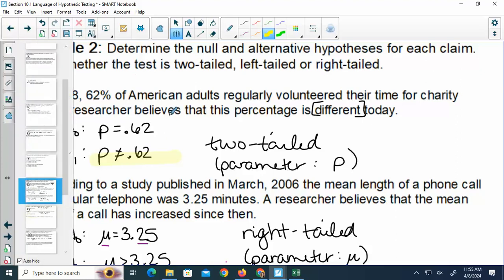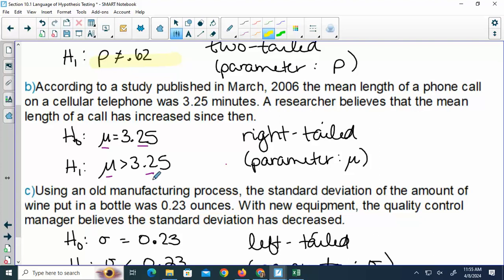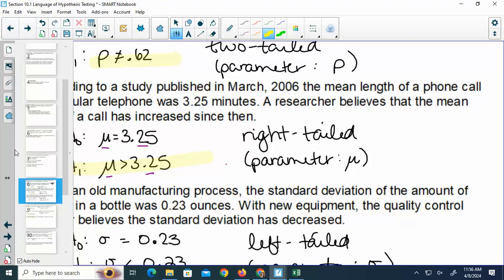So if we look at the second one, what would be the type 1 error here? Type 1 is when we conclude the H sub 1. So it would be concluding that the mean length has increased, but we are wrong, it actually didn't.